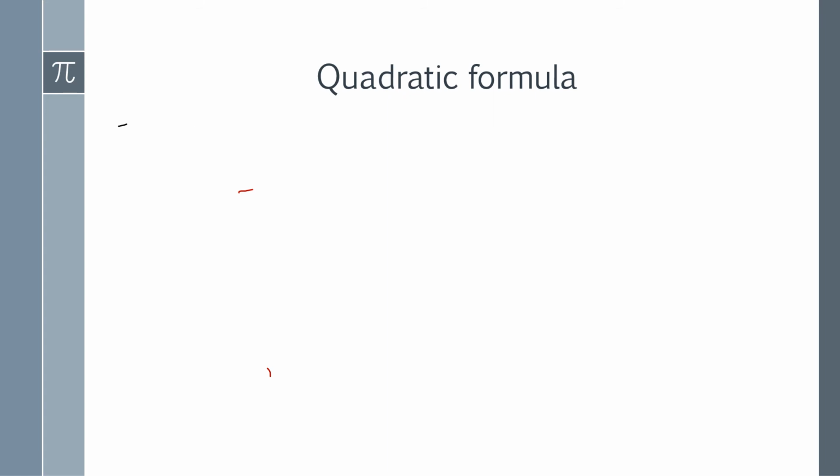Alright? So let me erase all this. Let's go ahead and work this out. So x squared minus 2x minus 3. Alright?